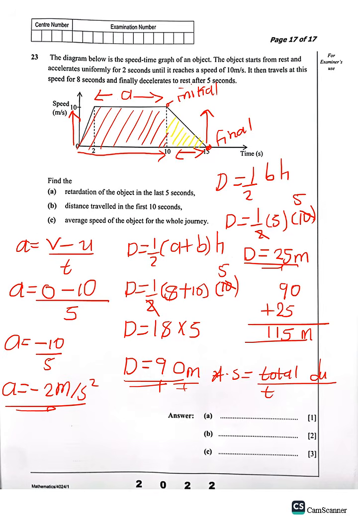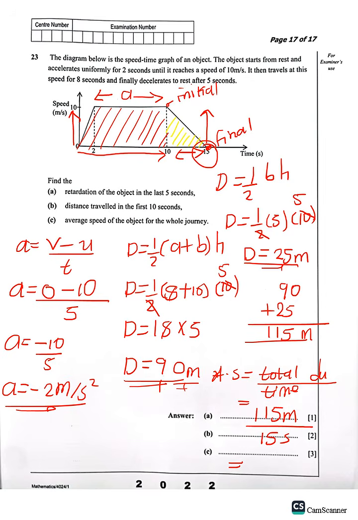That's the reason why we wanted to find the other distance, since for us to find the average we need to have the total distance. So total distance is 115 meters over the total time, which is 15 seconds.